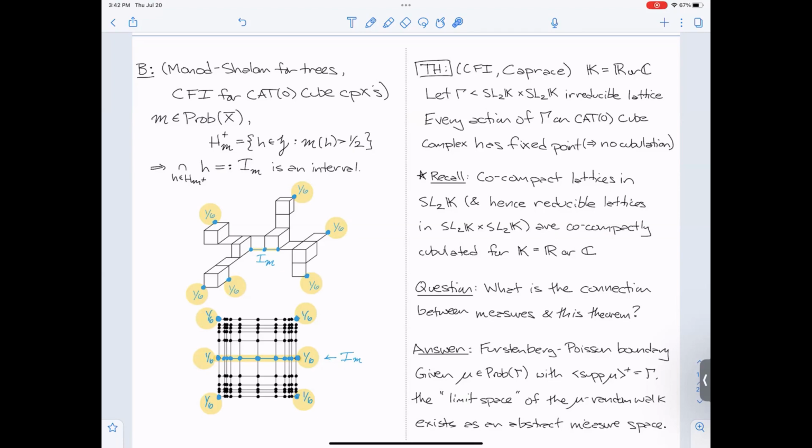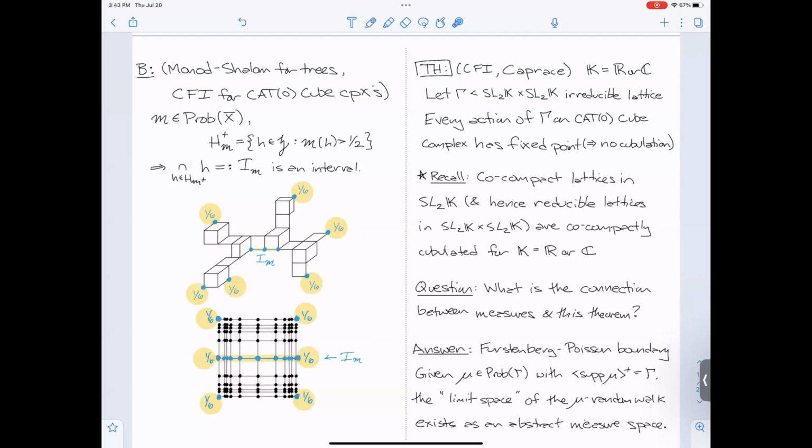Okay, so the question is, what is the connection between this theorem and measures on the compactification? And the answer is indirectly about the Furstenberg-Poisson boundary. So what is the Furstenberg-Poisson boundary? I start with a probability measure mu on my group Gamma, whose support generates Gamma as a semigroup.